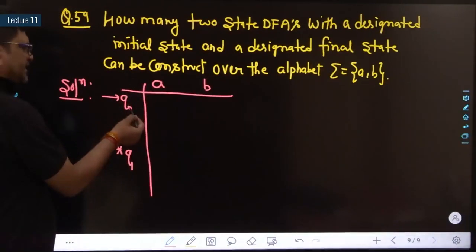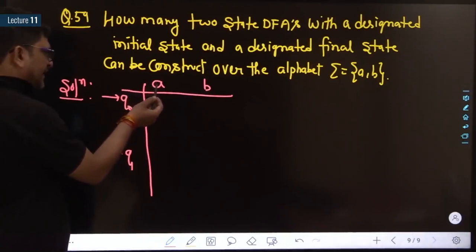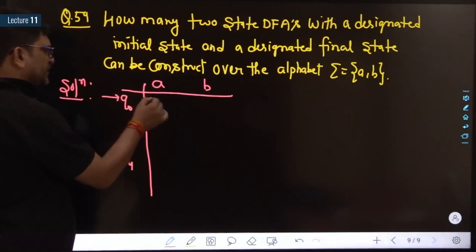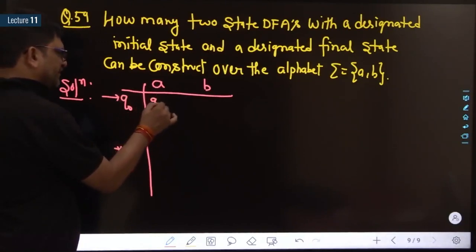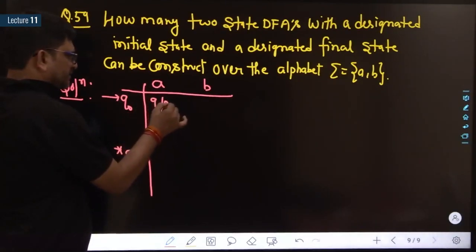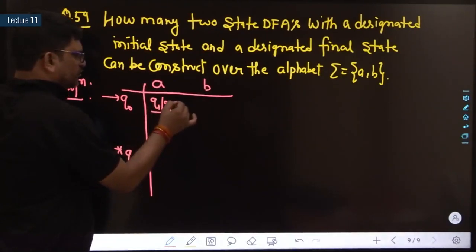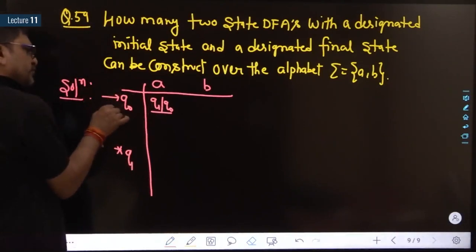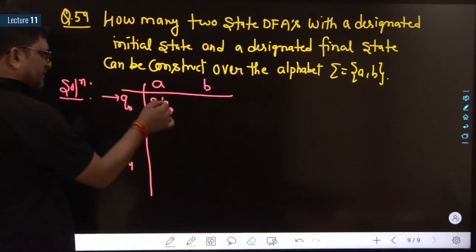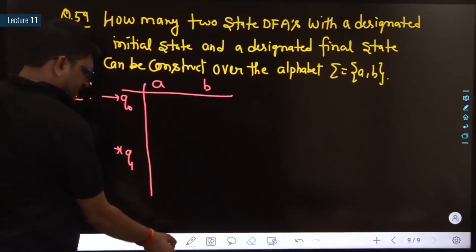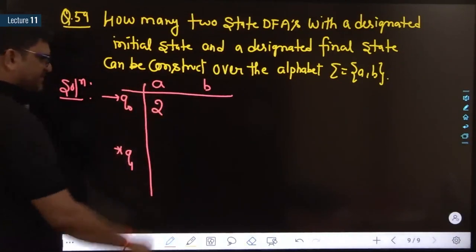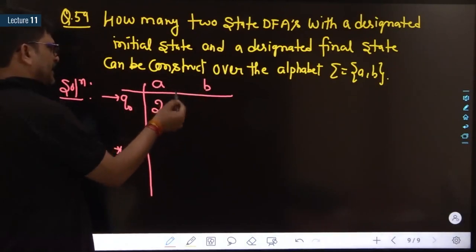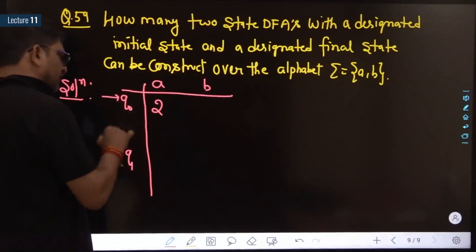Then how many two-state DFAs are possible? What is the possibility of A on Q0? There are two possibilities. It goes to Q0 or Q1. Same on B, it goes to Q0 or Q1.